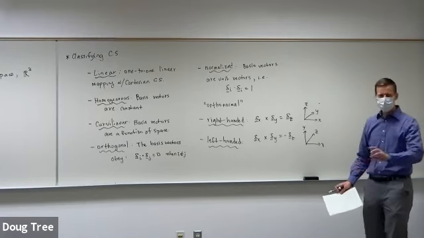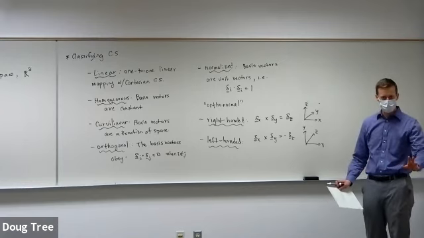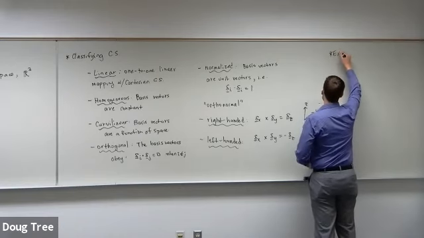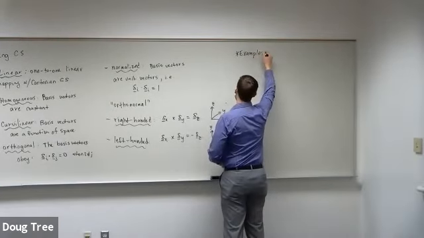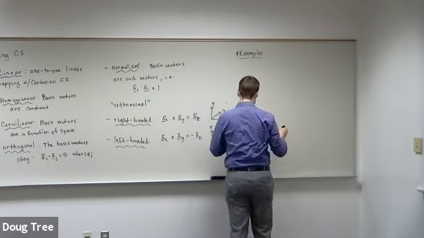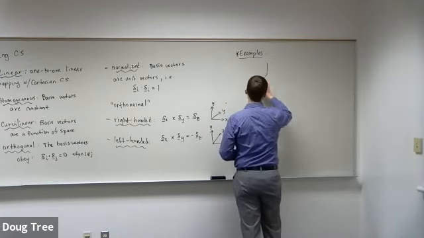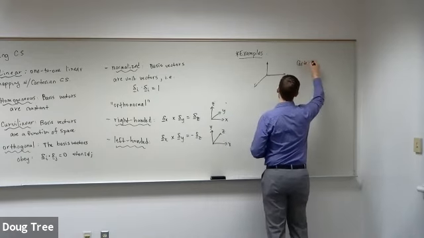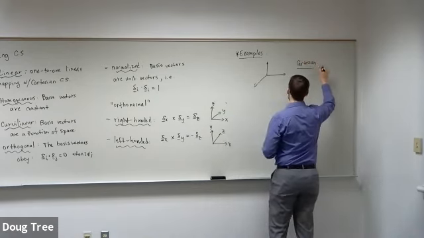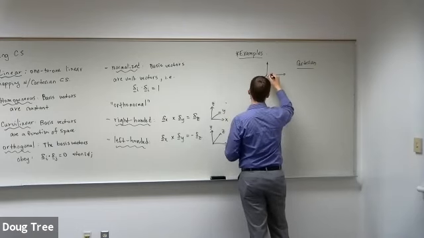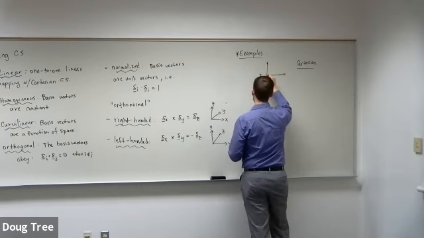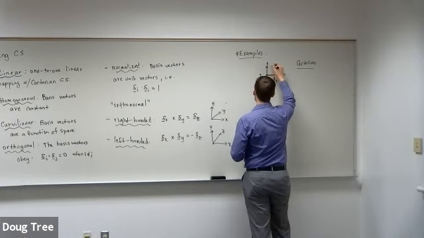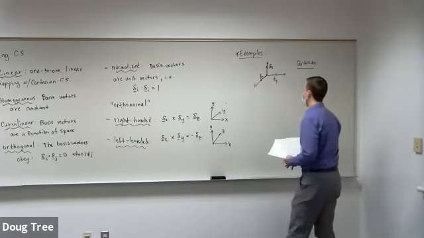I'm going to give some examples, and then I'll take questions. The first one is Cartesian. I make that one delta X, that one delta Y, that one delta Z. That's right-handed.